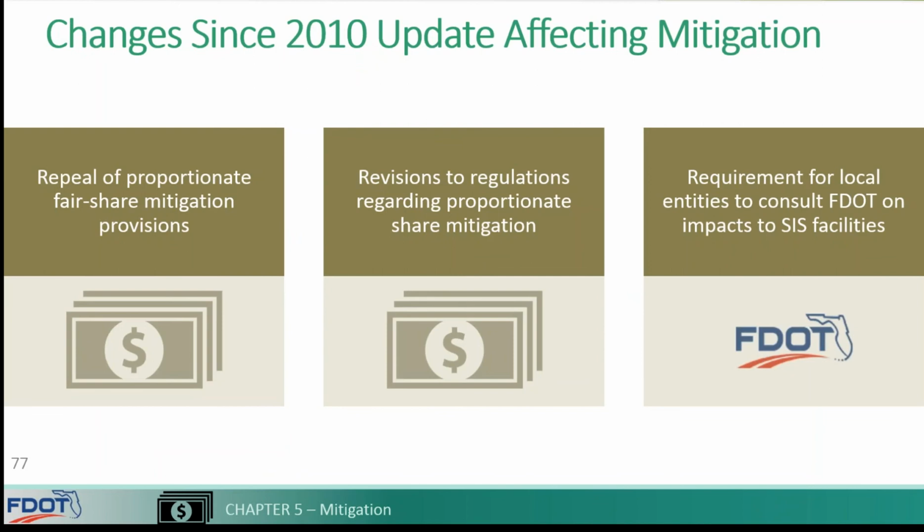So some of the changes since 2010 affecting mitigation: proportionate fair share, which used to be for sub-DRI development, now has been eliminated, but it's basically been revised so that if you have transportation concurrency, any development must be offered the option of using proportionate share mitigation using the formula in the DRI legislation.